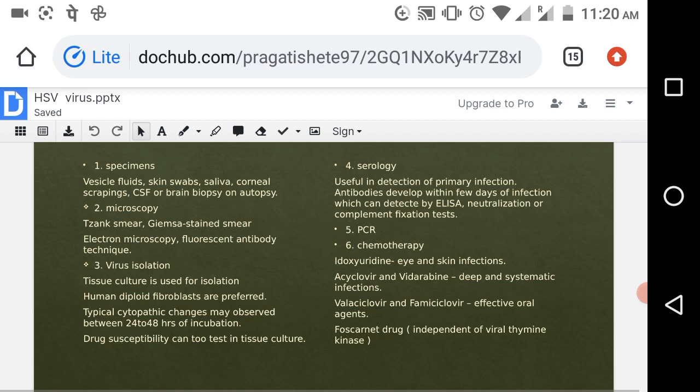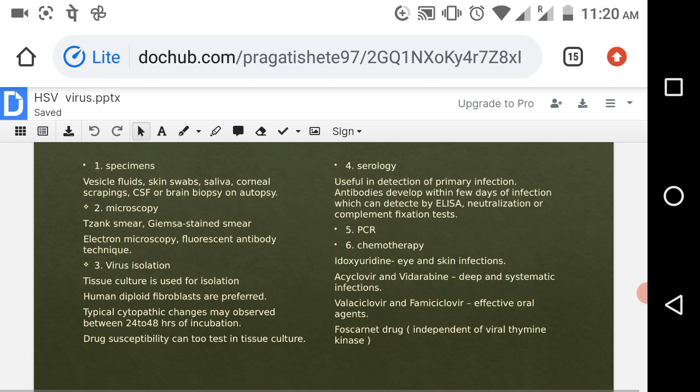Now the sixth one is therefore chemotherapy, that is the medications. Now what types of drugs can be used? In eye and skin infections, idoxyuridine can be used. For systemic infection, acyclovir and vidarabine can be used. For effective oral agents, that is for oral infections, valacyclovir and famciclovir.